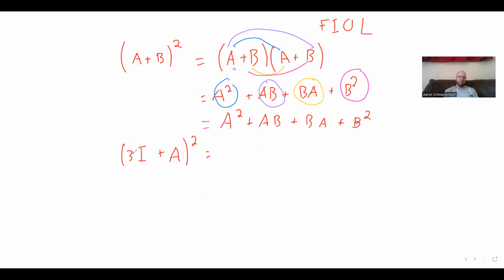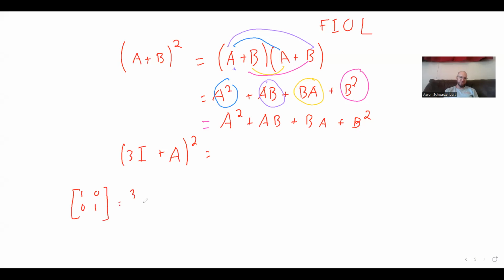So again, I'm going to FOIL. I is the identity matrix. I don't know its dimensions. But what I do know is that it's like this along the middle.